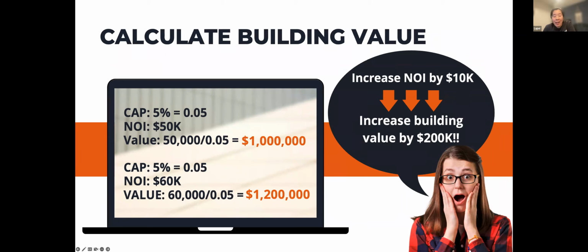This is why real estate is very powerful, especially commercial real estate. Of course there are market conditions and cap rate changes, but the point is how this math works and how you can manipulate the numbers by doing certain activities to increase the value of the building. And that's why we like multifamily.